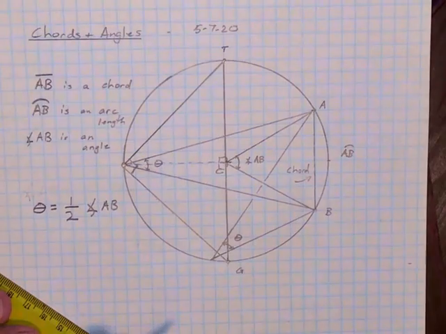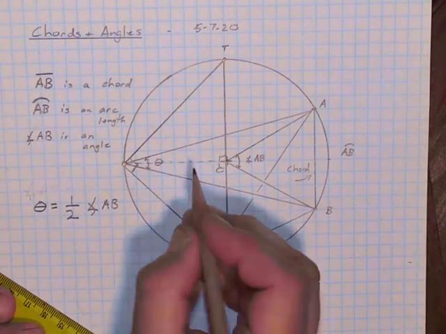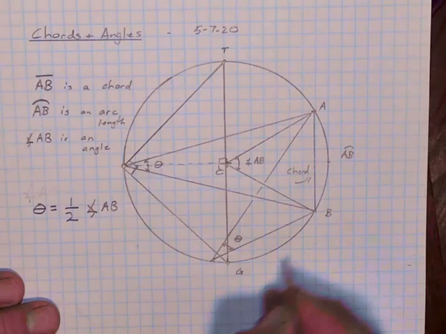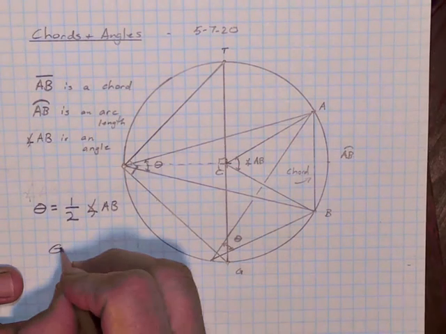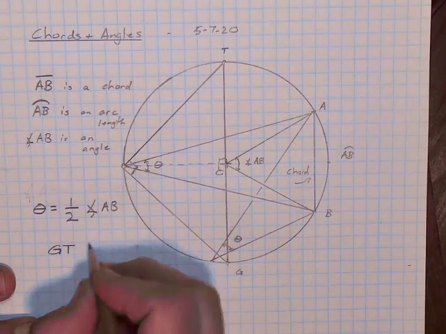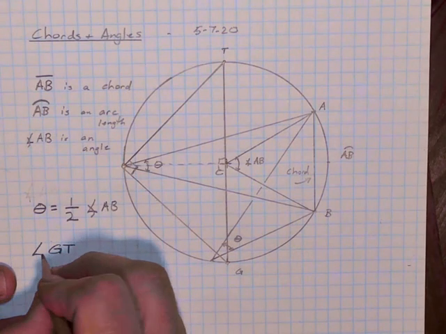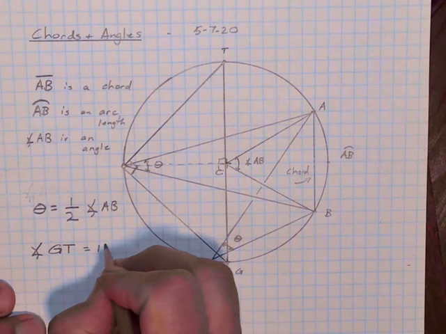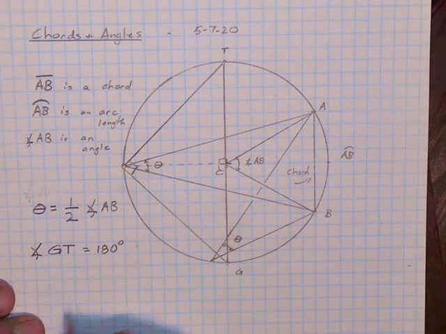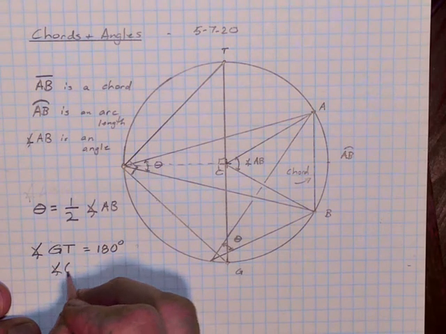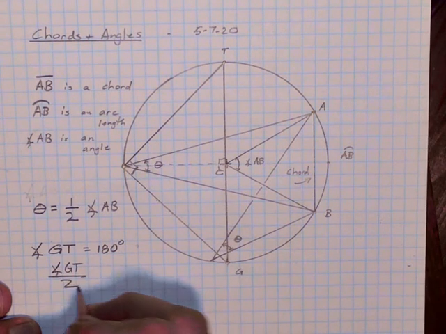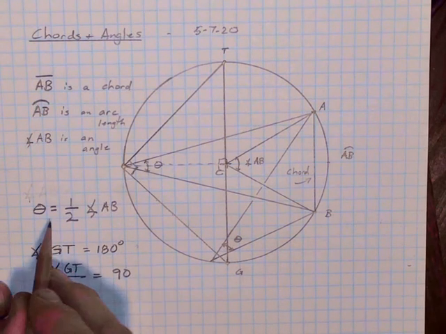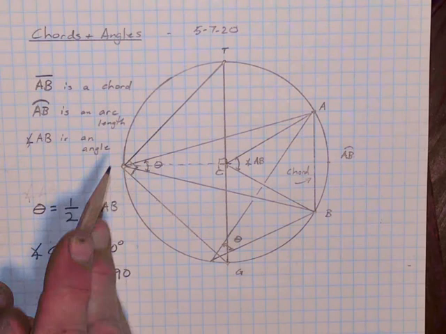You can see that square shape taking place. So this whole chord, GT, that arc length is 1/2 of my circle, so that equals 180, and angle GT divided by 2 equals 90 degrees. That's how I get this particular angle right here.